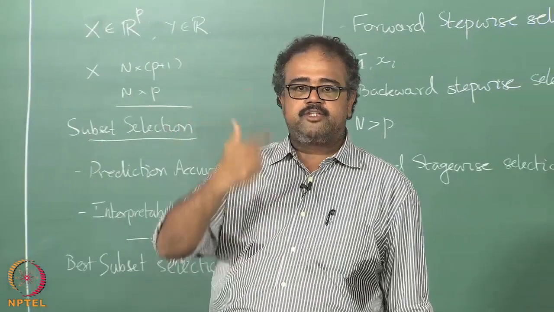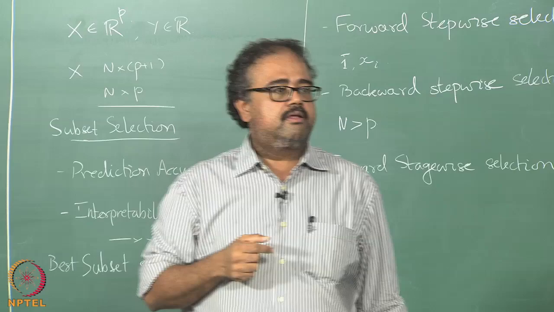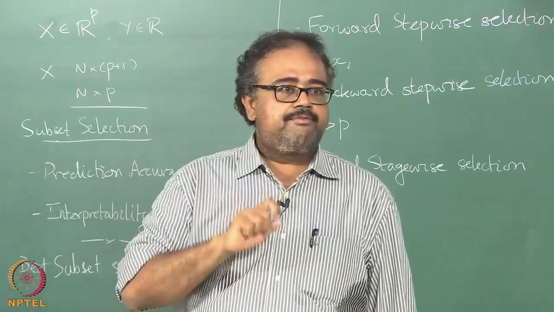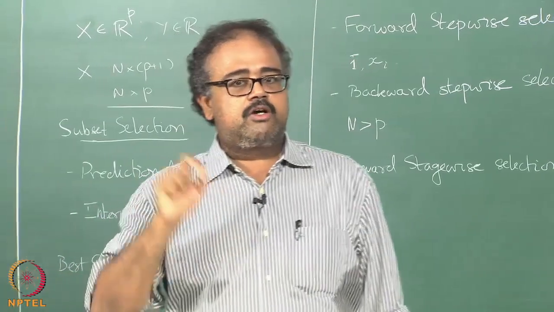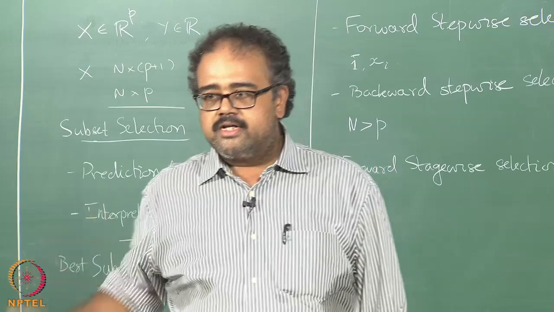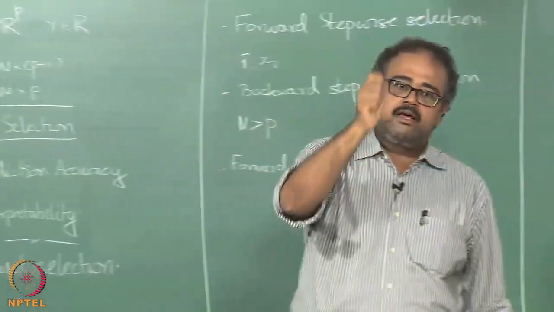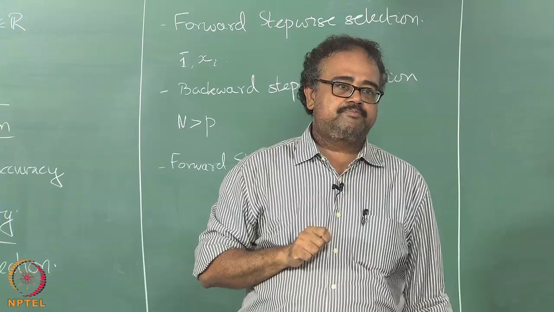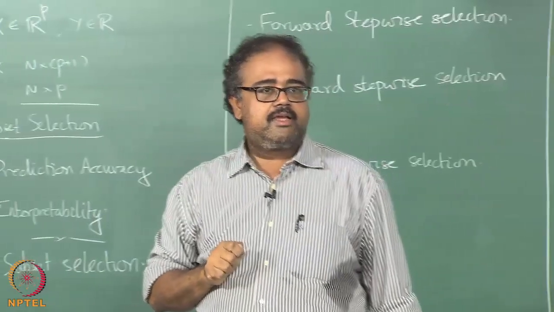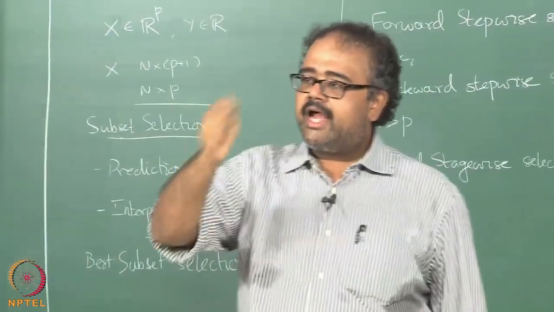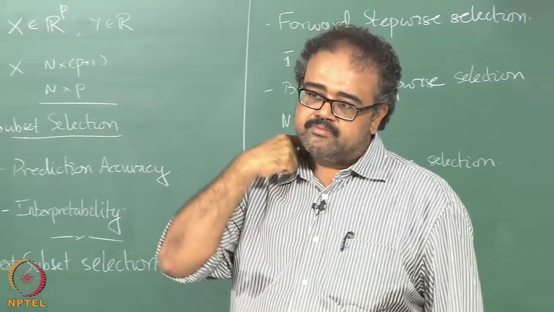Find the residual. Now what you do is pick the variable that is most correlated with the residual. Regress the residual on that variable. Now add it to your predictor.